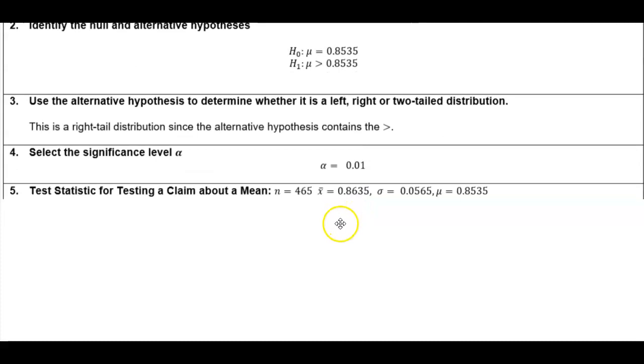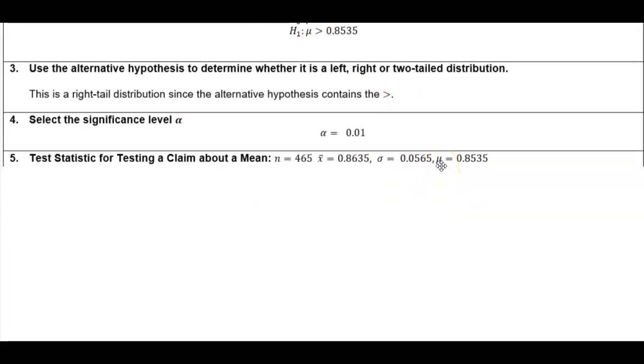And so now we're going to find the test statistic for testing a claim about a mean where the population standard deviation is given. So we know N is equal to 465. The sample mean is 0.8635. The population standard deviation is 0.0565. And the mean is equal to 0.8535, the population mean.